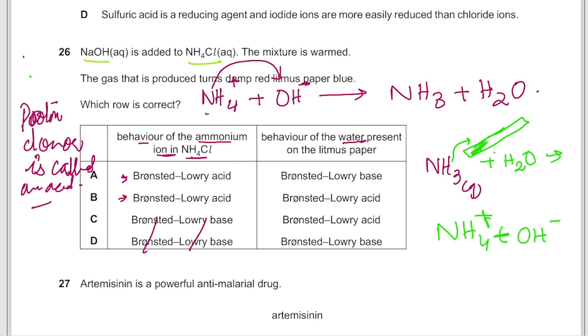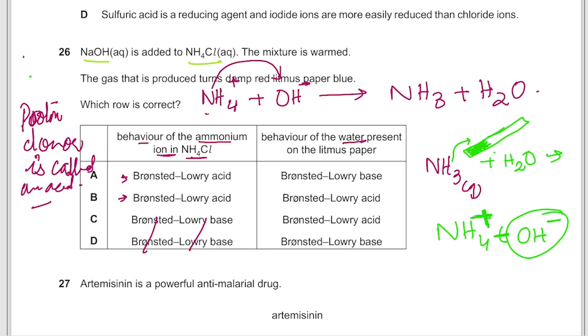These hydroxide ions turn red litmus paper blue. Why? Because it's alkaline in nature. So this is the reaction which takes place at the surface of the litmus paper when ammonia gas reacts with water to produce hydroxide ions.